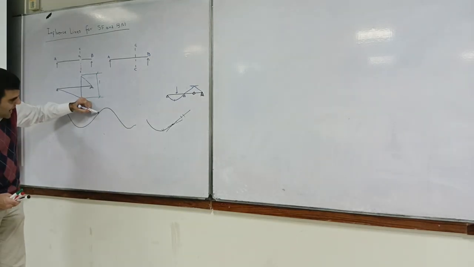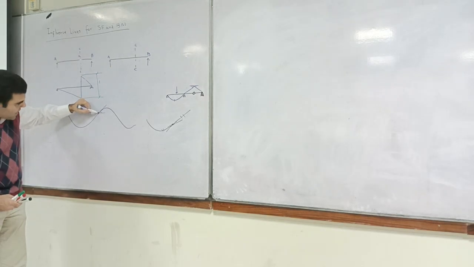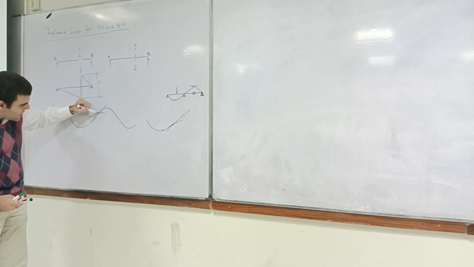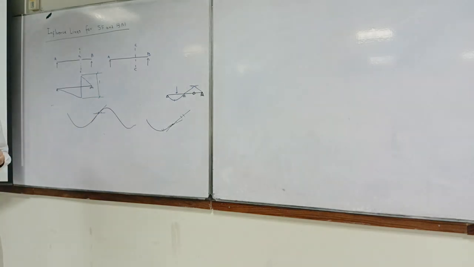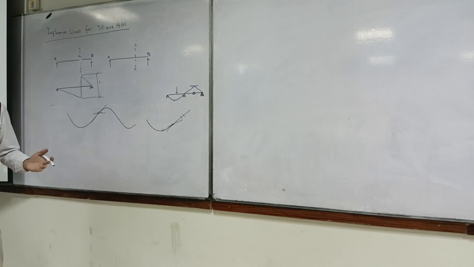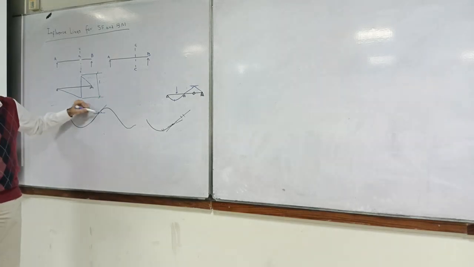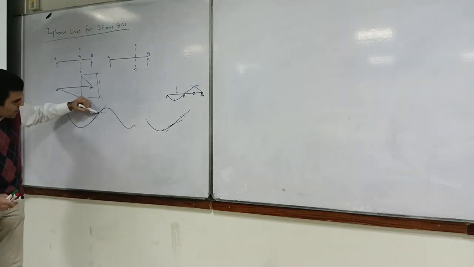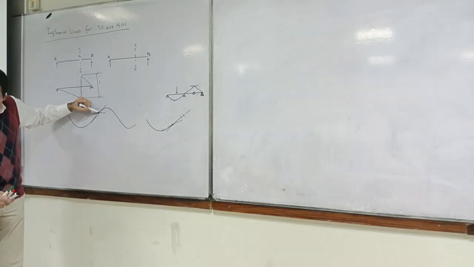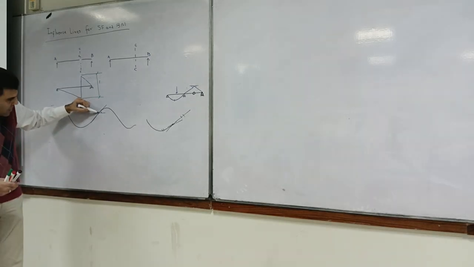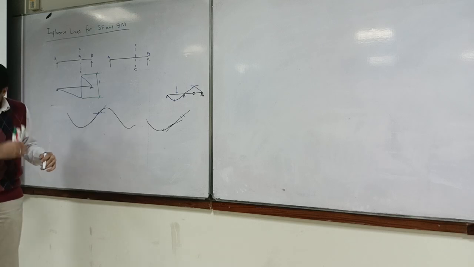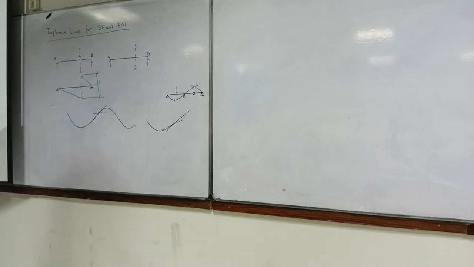At this point, if I draw a tangent, and very close to it, I draw another tangent. This angle will always be the same. Do you agree with me? It will always be the same because this is infinitesimally apart on one side, and infinitesimally apart on the other side, towards the left or towards the right. They both are the same.